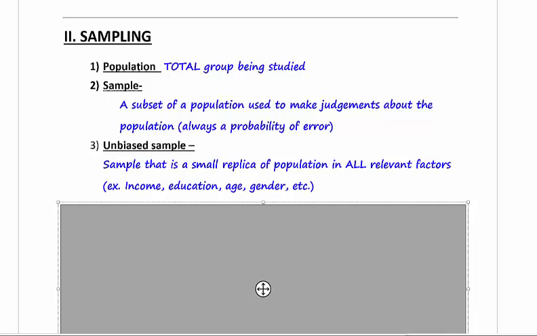Some examples, and it depends on what you're studying, could be income, education, age, or gender. It depends on what you're studying, but you want to make sure that you get a good grouping of what you're trying to study.